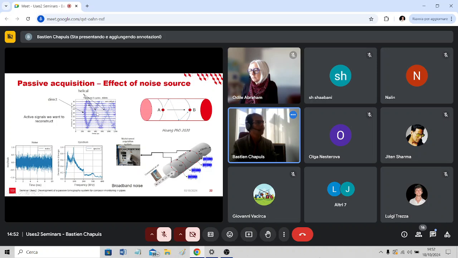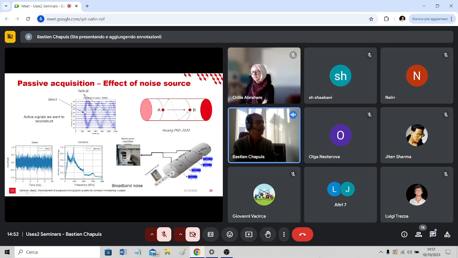And the typical signals we want to reconstruct, here it's active signals. We fix one emitter, and we have all the received signals on the opposite ring.